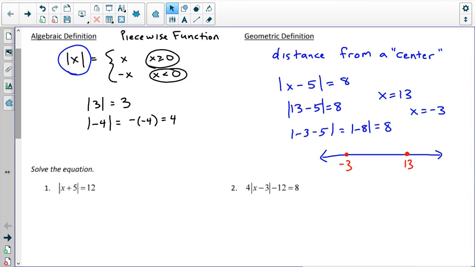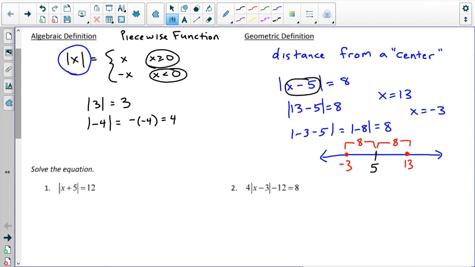Essentially what I'm doing right now is figuring out what the center is. I need a distance of 8 from both sides. Something that is a distance of 8 from both sides is 5. So my center is 5.